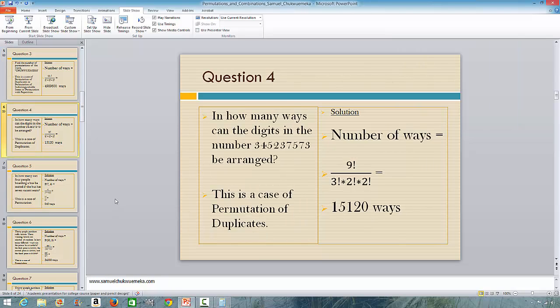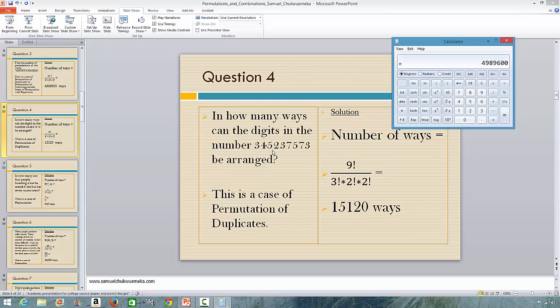Question 4. In how many ways can the digits in the number 345237573 be arranged? This is also a case of permutation of duplicates.